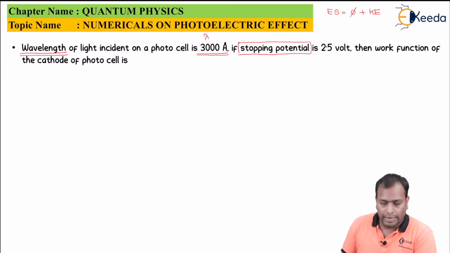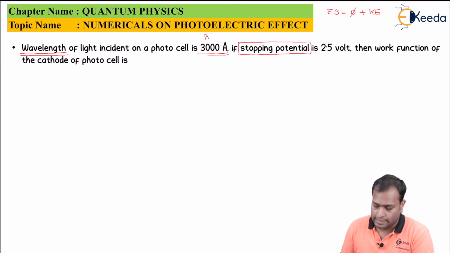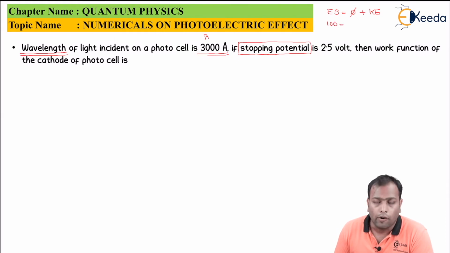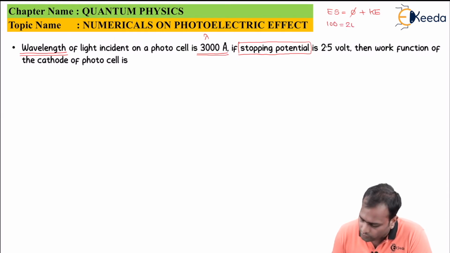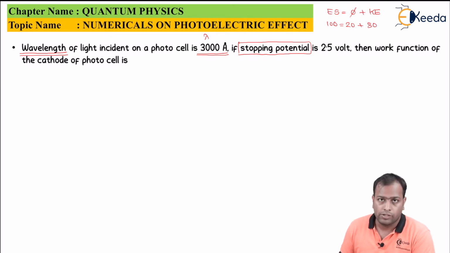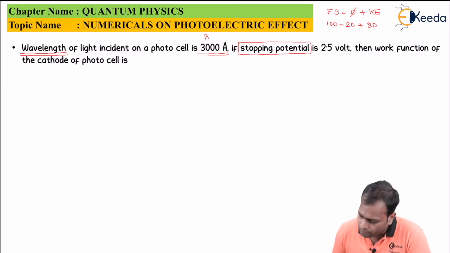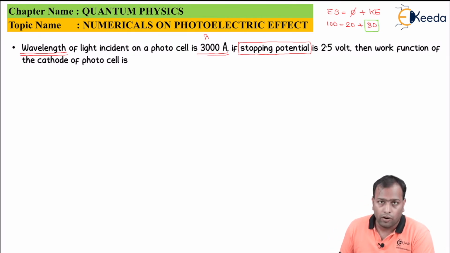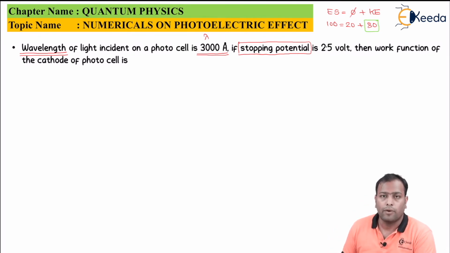Let's take a fictitious example where you are supplied with 100 units of energy, out of which 20 goes for the work function, and you are now left with only 80 units of energy as your kinetic energy. By using this 80 units of energy, your electron will be moving. Now, you don't want your electron to move, of course.